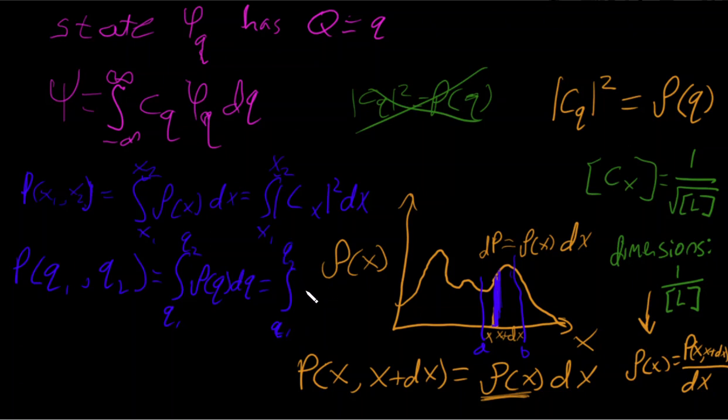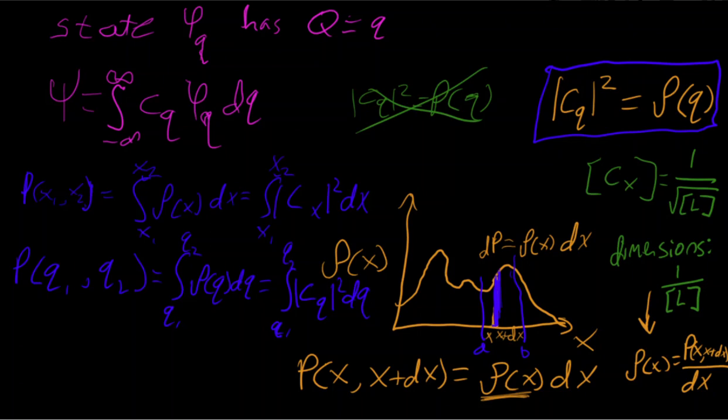This is just using this identity right up here of c sub q norm squared dq. So the c sub q norm squared does have a significance. It's the probability density. It just wouldn't make sense, because there's a continuous number of possibilities, to call that the probability.